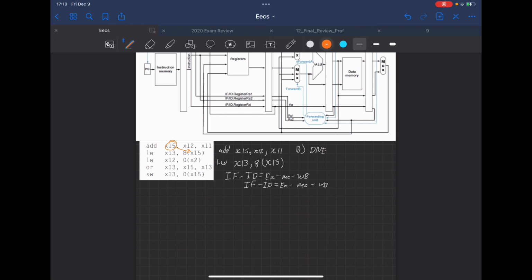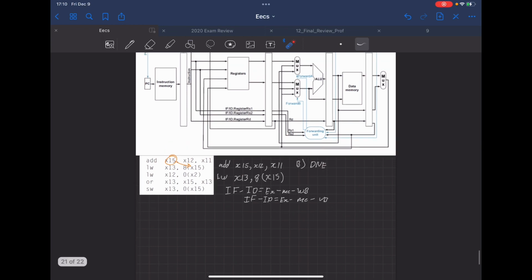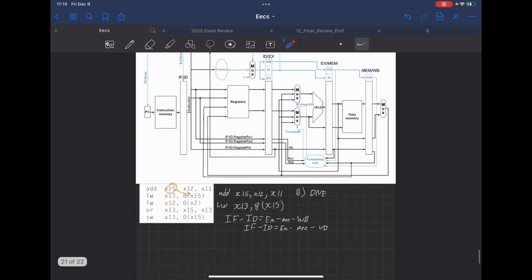Since we have forwarding, originally what the hazard was is that we need this write back value after the execute value. Since we can't go back clock cycles because it's impossible to have a value ready prematurely, how we would forward it here is that as soon as the ALU is done adding it and sends it to this phase, the forwarding unit would detect that this is the value needed.